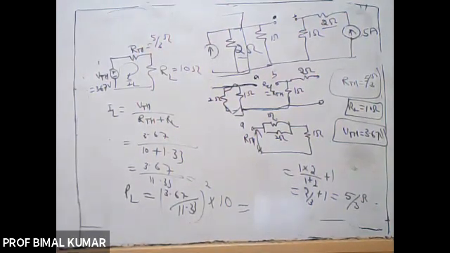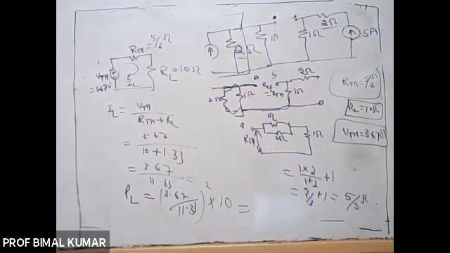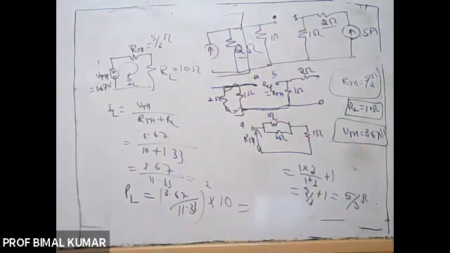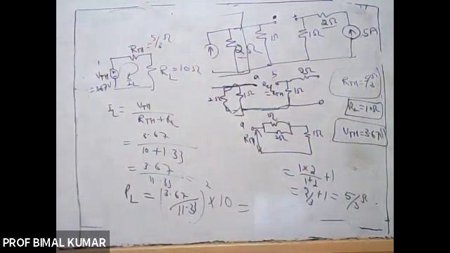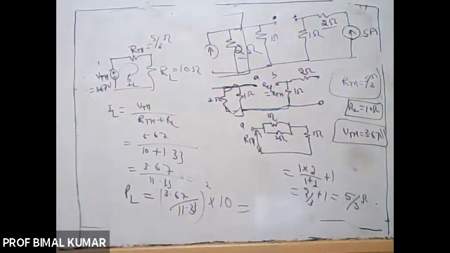Just wait for a while. 3.67 divided by 11.33 is approximately 0.33.